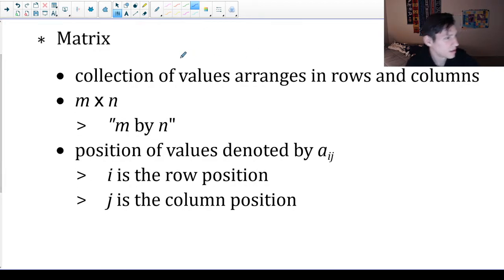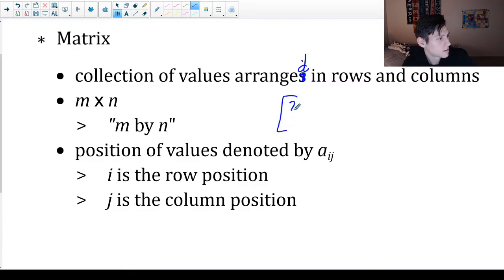So a matrix is a collection of values arranged in rows and columns. We will write it like this, m x n, which we read as m by n. That's what we call the matrix. It depends on how many rows there are and how many columns there are, like a 2 by 2 matrix or a 3 by 5 matrix.